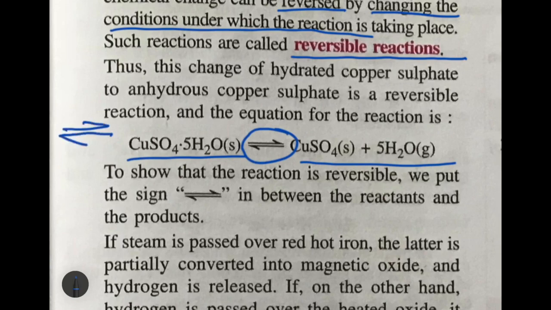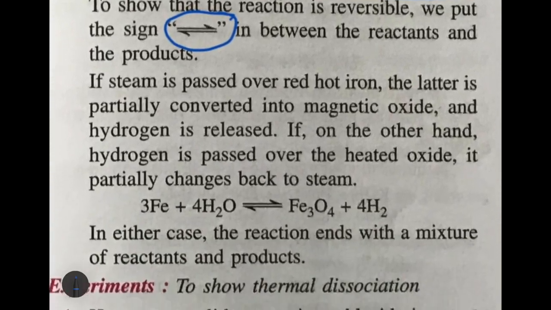That reaction will take place in both directions. That is, when you heat it, it will turn into copper sulfate and water. Remove the heat, sprinkle a few droplets of water, it will turn back into hydrated copper sulfate, which is blue in color. And this is the sign which tells you that it is a reversible reaction. That is, the reaction will take place in both directions.